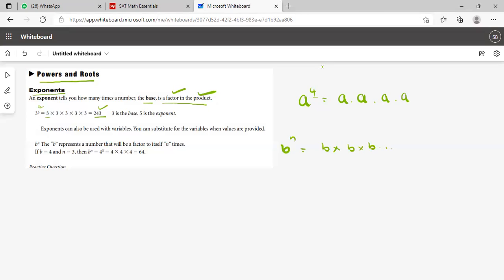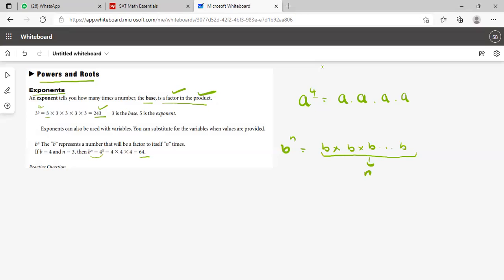All we know is that these b's are n in number. So if I'm saying this is 4 cube, 4 into 4 into 4 is 64. This n in this case is 3 and b is 4.